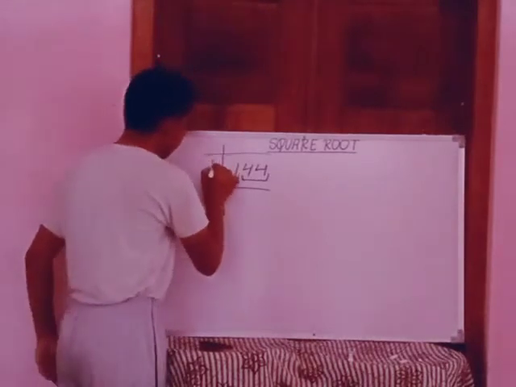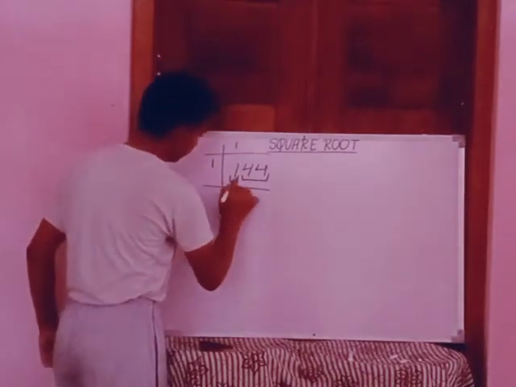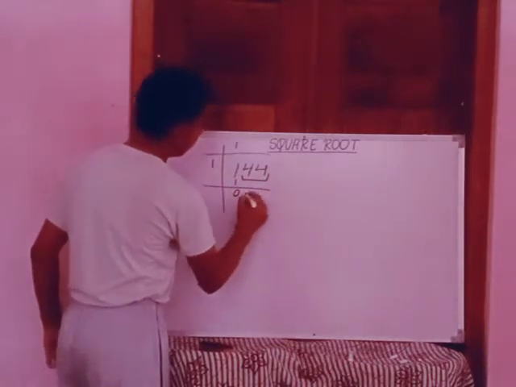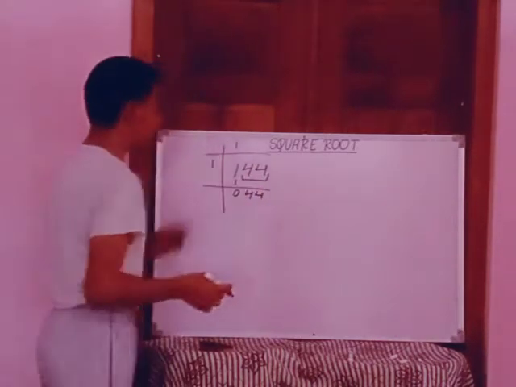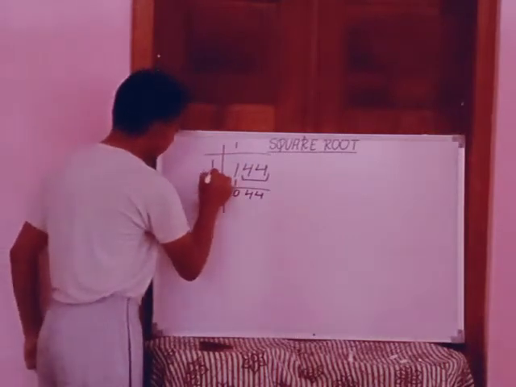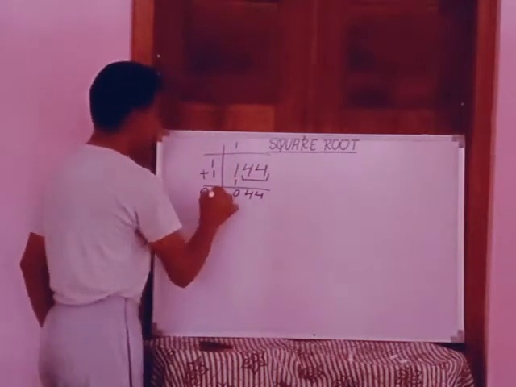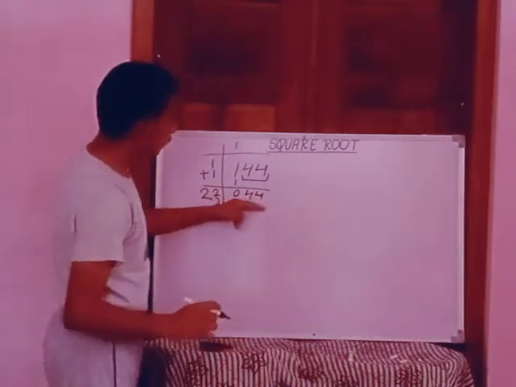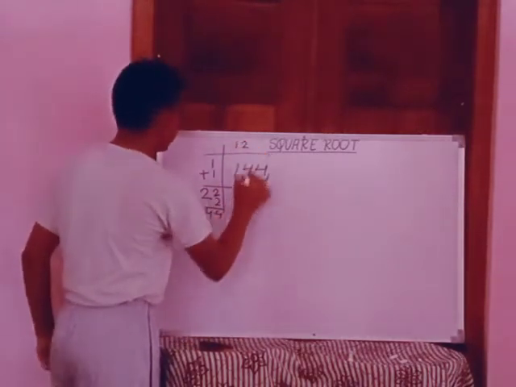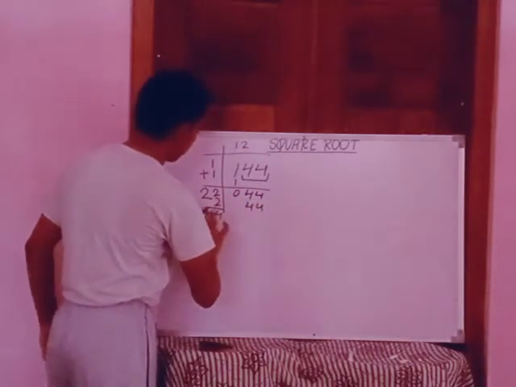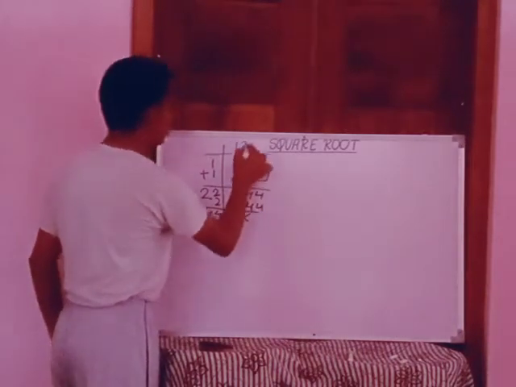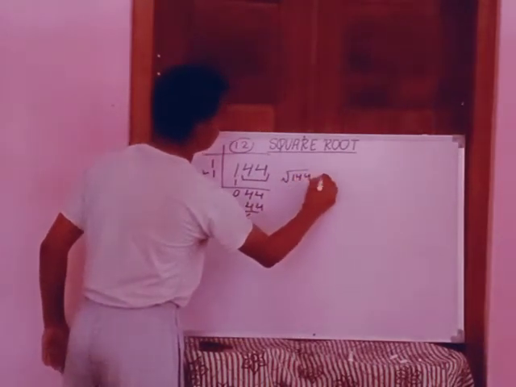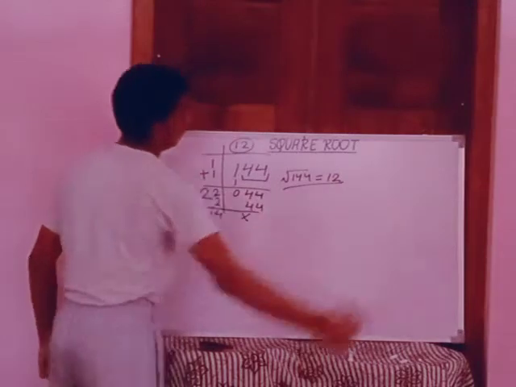The number is 1. 1 square is 1. Its answer would be 0. Then 44. Then we will add that number again. It will be 2. Now if we multiply 2, it gives 44. So it would be equal to this. So let's put it here. We found our answer by this method also as the same. Square root of 144 is equal to 12.